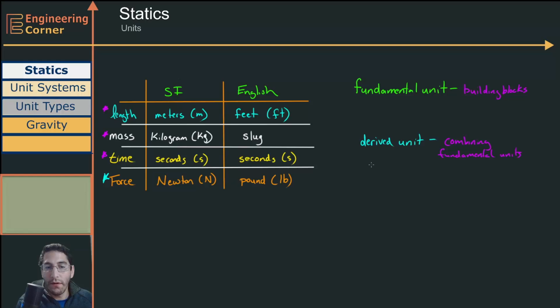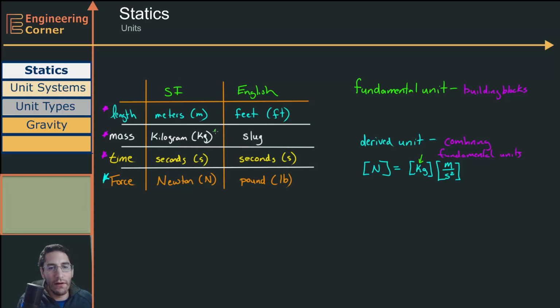Let's look at the SI unit. We have a Newton, and I'm not going to derive it here. I'm going to have a different video for that. But a Newton is going to be equal to a kilogram meter per second squared.